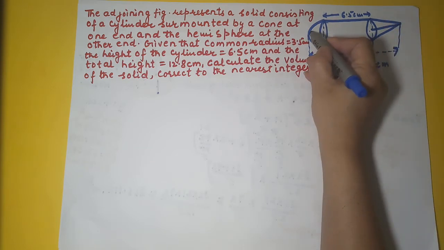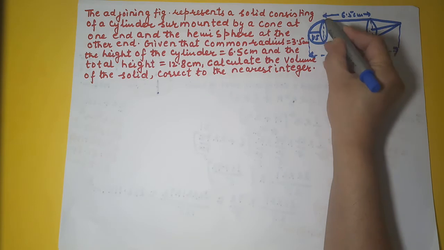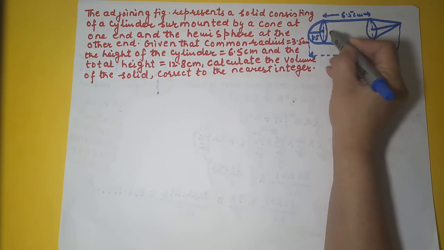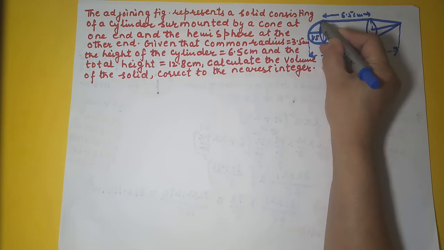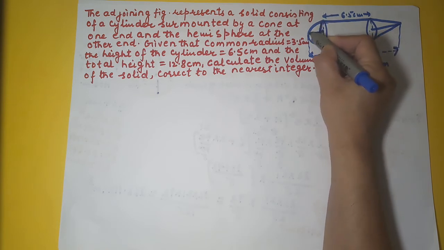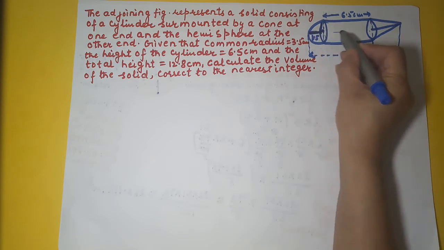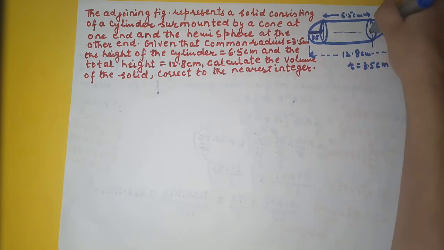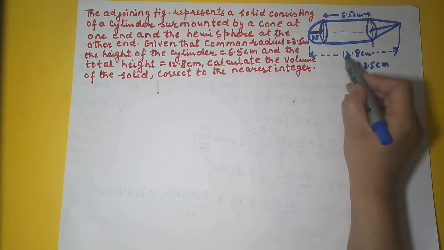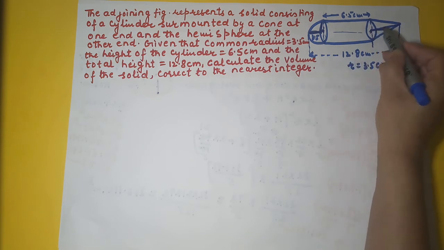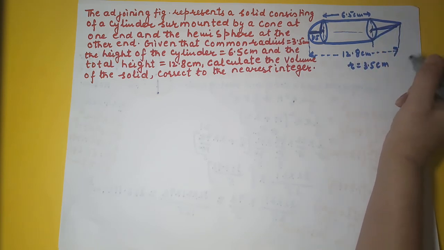How? We know that this part is also 3.5 because it's a hemispherical figure. So, if this is radius 3.5, this is also radius 3.5, right? So, 3.5 plus 6.5, if we subtract that from 12.8, we will get this height. That will be the height of the cone, right?